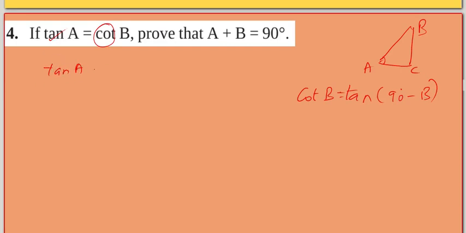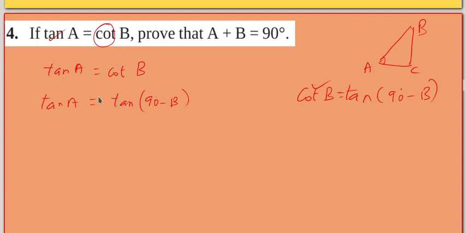Tan A equal to cot B. Now substitute cot B equal to tan of 90 minus B. We know this very well. So in place of this, we will write this one. So tan A equal to tan of 90 minus B.